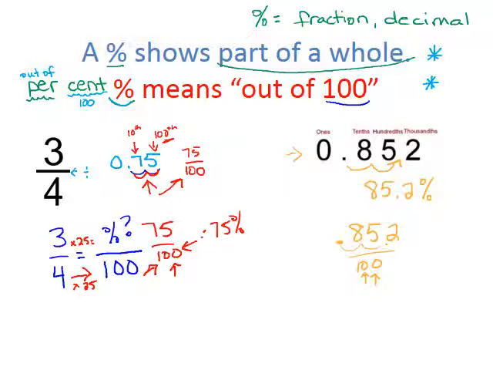So just always remember that percent is talking about these first 2 digits after the decimal, the tenths and the hundredths. Okay, if you were given a number like this, 0.0745, remember to just look at the 2.